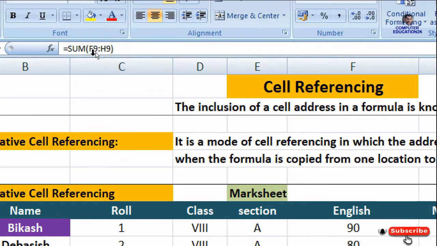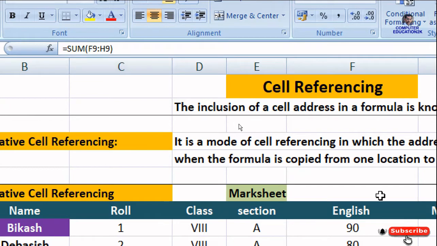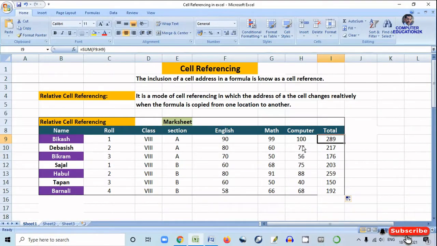Cell number is F9 and H9. But if you go to the next cell down, you can see the cell number is here F10 H10. So the cell number has changed relatively when you have copied the formula down.